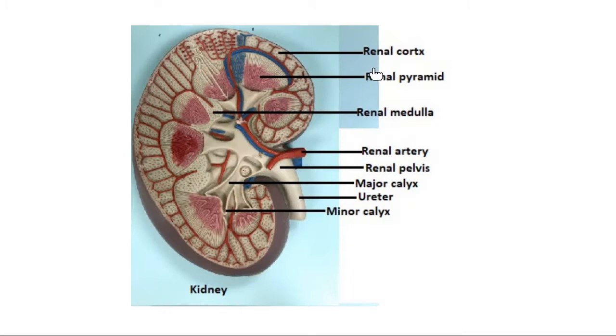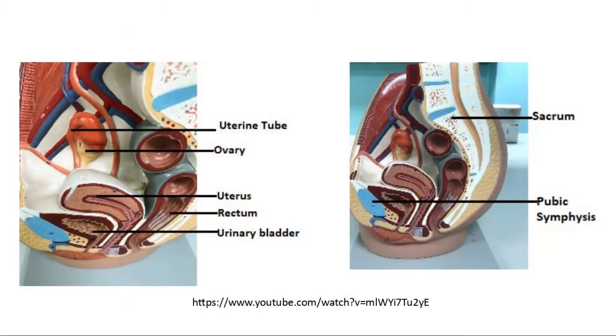And here, what are the internal structures of the kidney? So you have to practice all these. You have to remember all these labelings. And these are the parts of the urinary reproductive system in the male and female. This is the female reproductive system, where you are seeing the uterus, ovaries and fallopian tube.